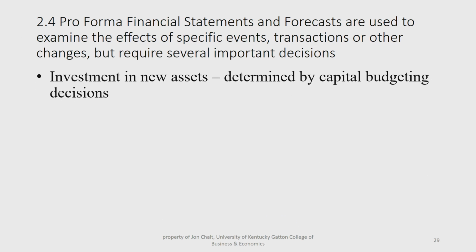So let's go back to thinking about pro forma financial statements. Pro forma financial statements are frequently used to examine the effects of specific transactions or other changes in operations. When we look at those, we go through a thought process where we say, okay, let's imagine that we bought this particular asset.